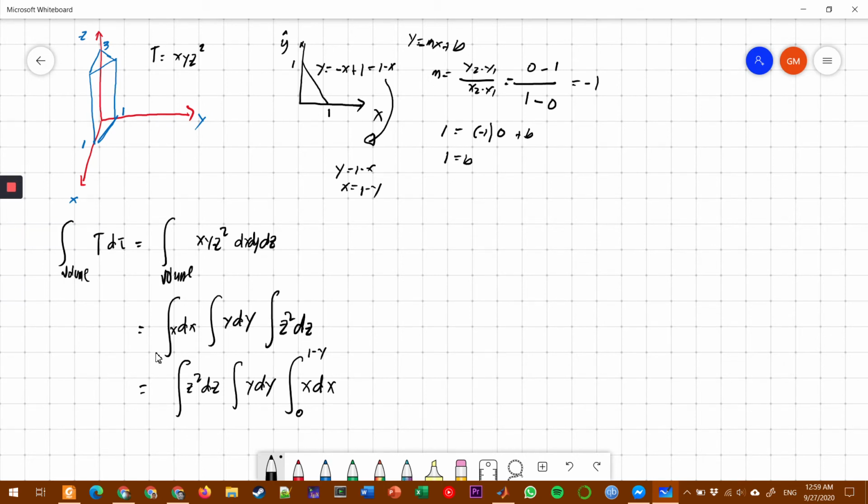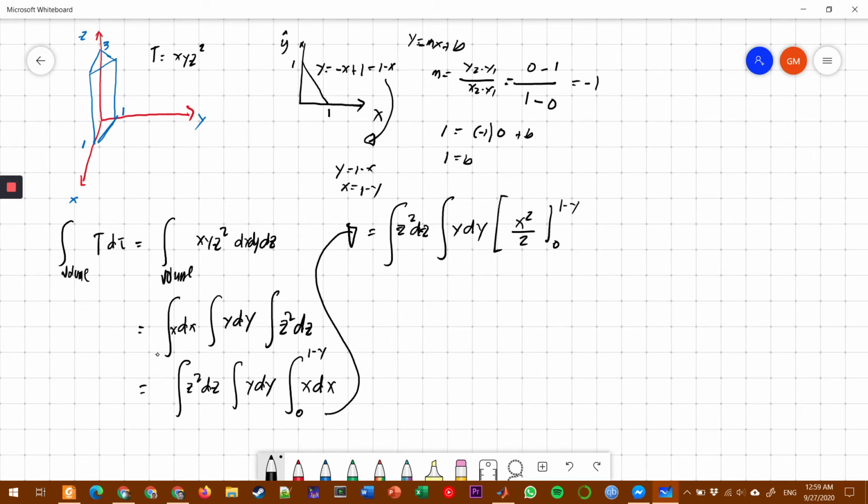Okay, so let's continue. So this becomes z squared dz, y dy. If you evaluate this, we have x squared over 2 evaluated from 0 to 1 minus y.